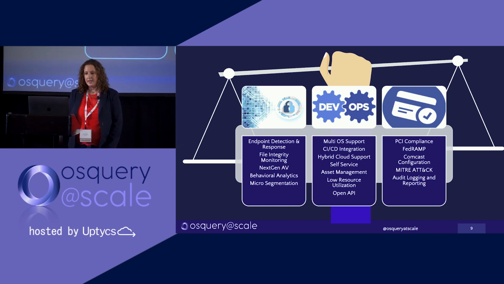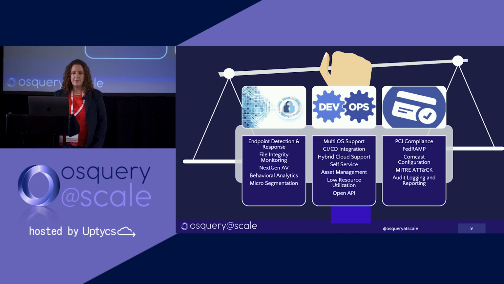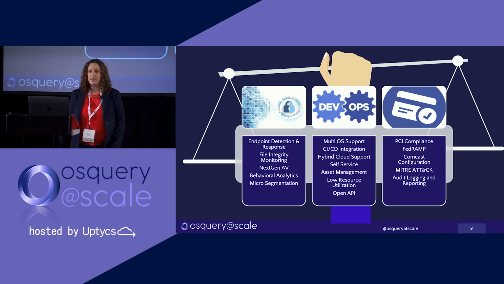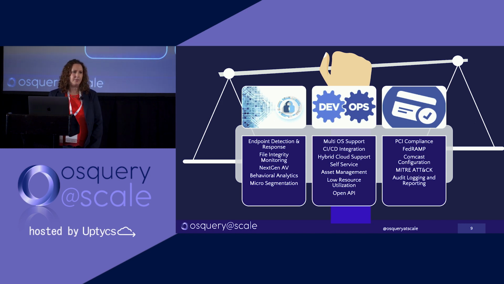They wanted self-service, the asset management piece, and then having open APIs so we could share our data, because for so long our security data was kept really close to the vest, and we didn't really share a lot of that data, and we wanted to change that. And then, in order for the agent to be successful, we needed it to take up very low resources on the host.